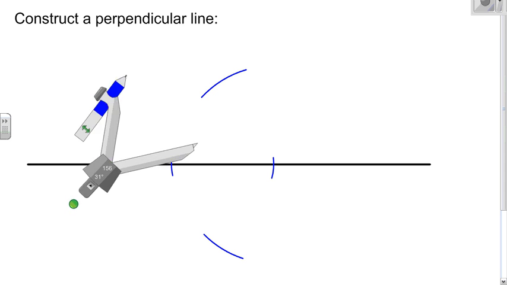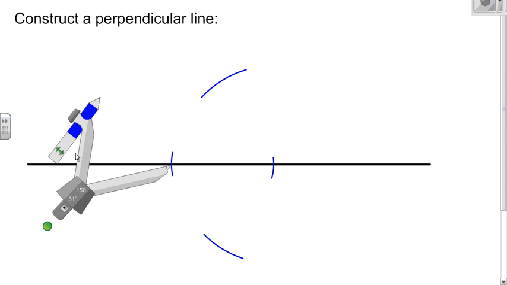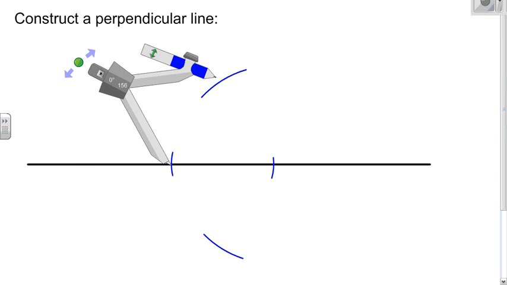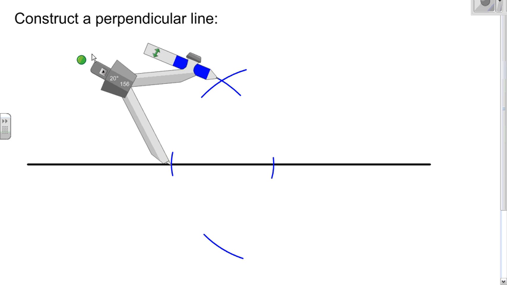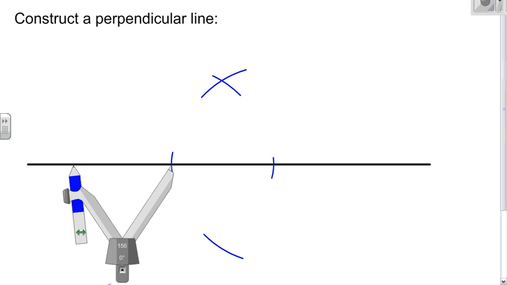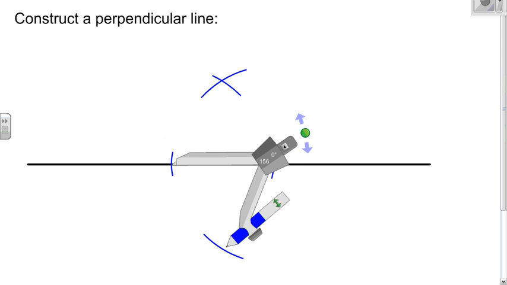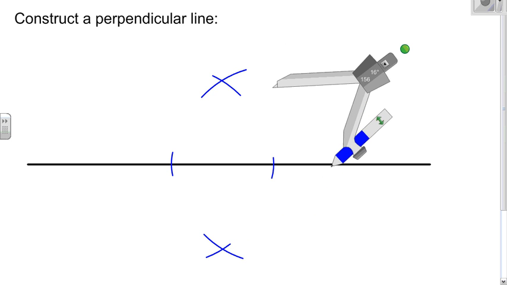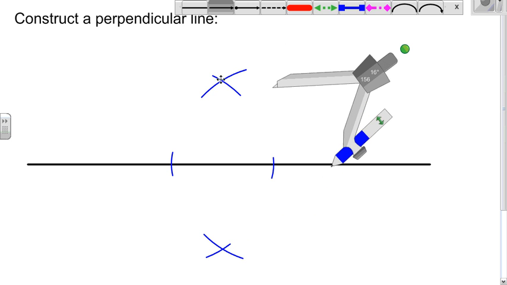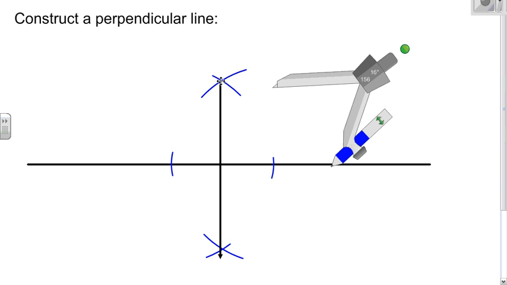Then you can move your compass to the other intersection. And where these marks intersect, if you connect them, that will be a perpendicular line. And there's our perpendicular.